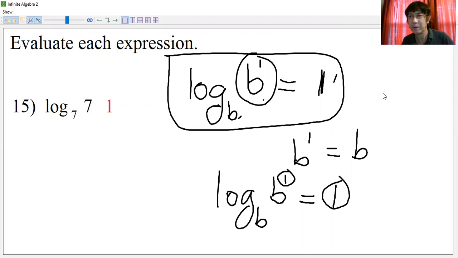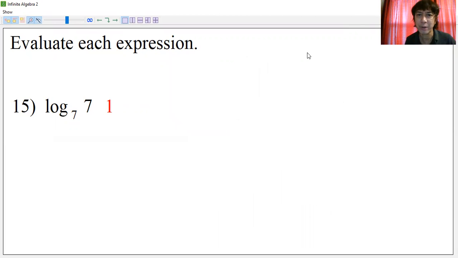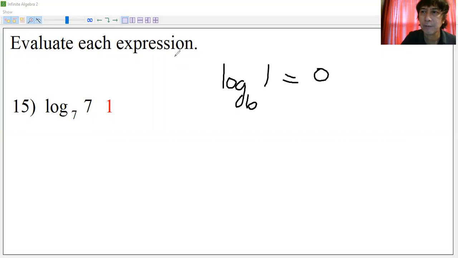property. Okay, and we already studied three properties, and we shall do a little summary. All right, the logarithm of 1 for any base b is 0.